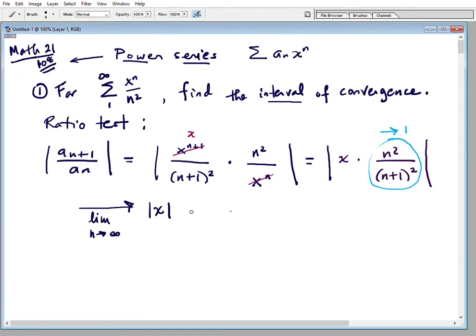So in order for this to converge by the ratio test, this has to be less than 1. So we need |x| less than 1 for convergence. That means the radius of convergence is 1.